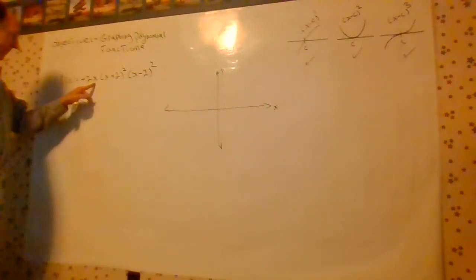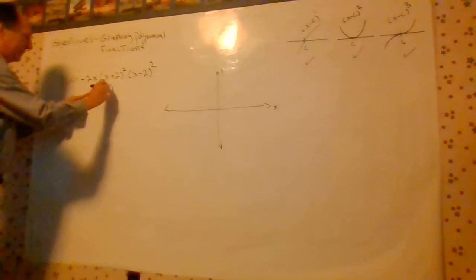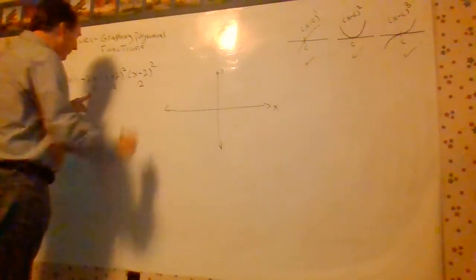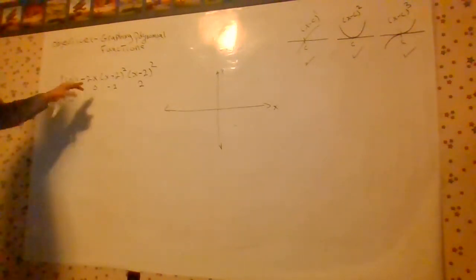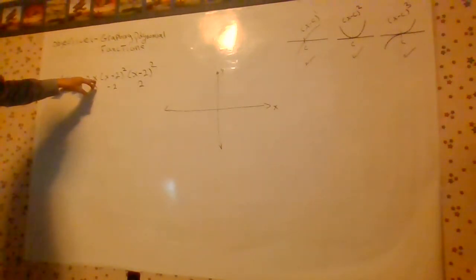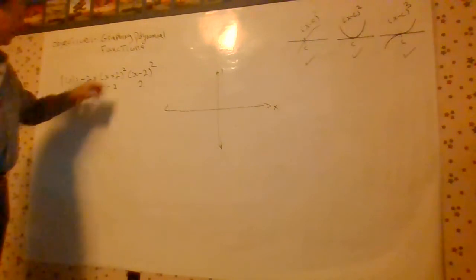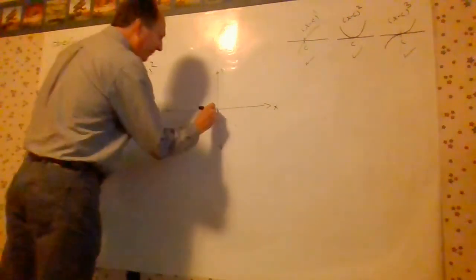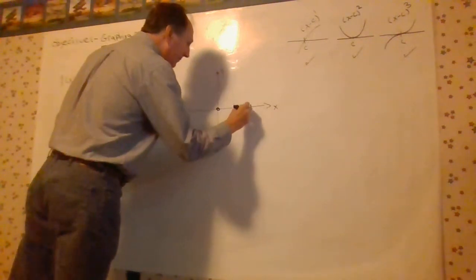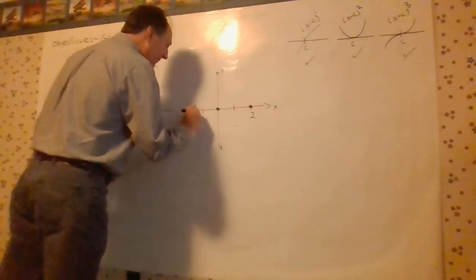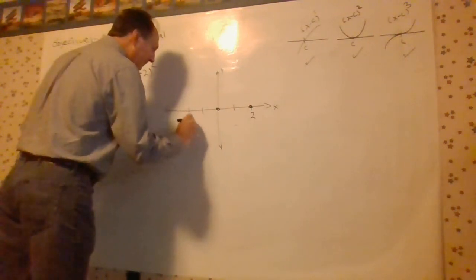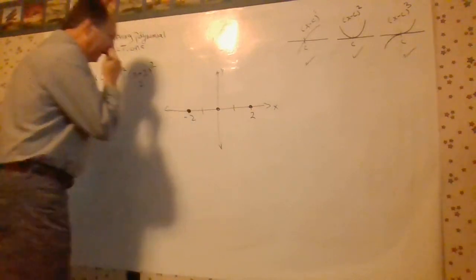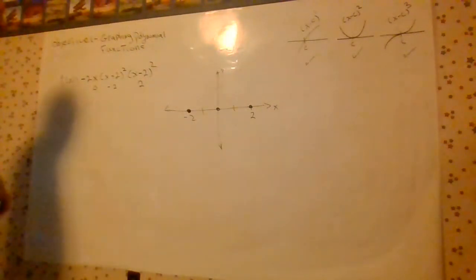And first of all, this gives us a 0 of 0, negative 2, and 2. You just have to think what makes that factor 0. What makes x 0? x equals 0. It's pretty simple. Negative 2 plus 2 is 0. 2 minus 2 is 0. So we have a 0 here, and then right here, and then right here. There's our 3 zeros.